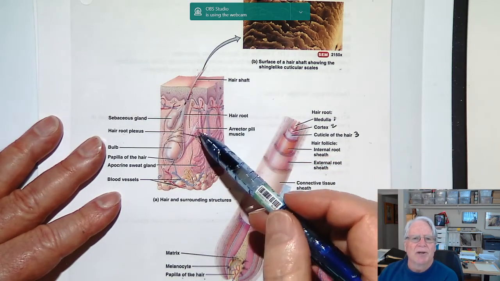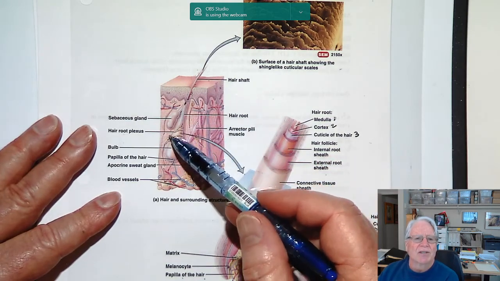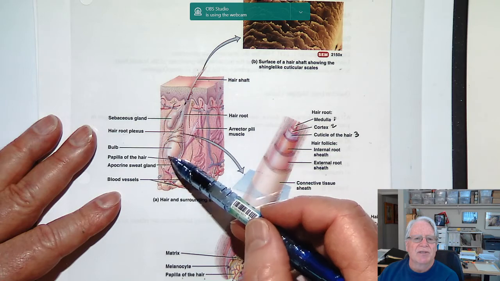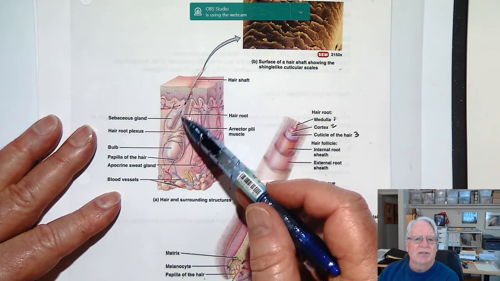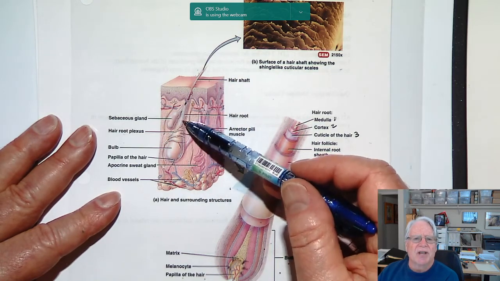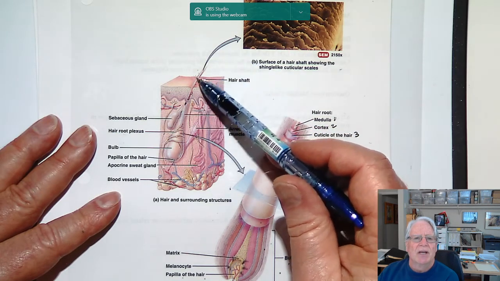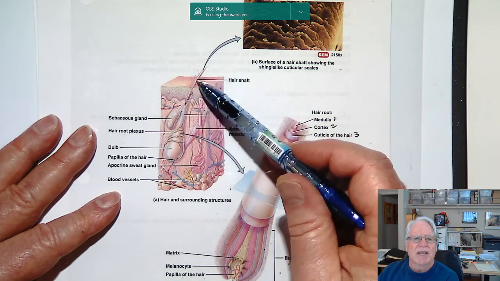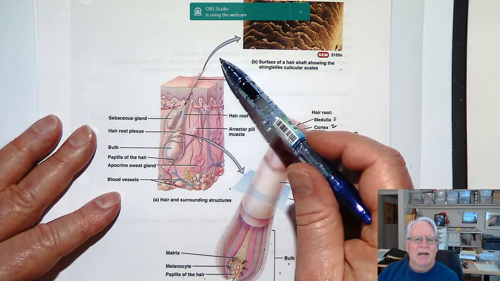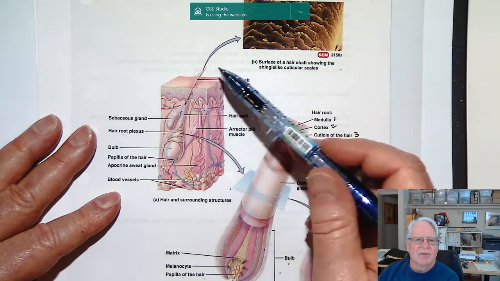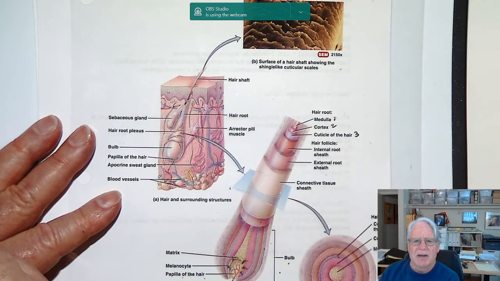So the so-called hair root and hair follicle, which is this area right down here, is found in the dermis. The hair itself extends through the epidermis and then pokes out through the surface. So that's called the hair shaft, and that you can see visibly above the surface of the skin.